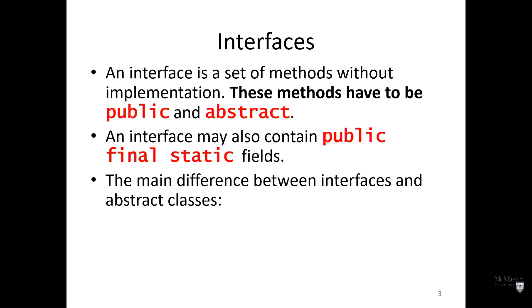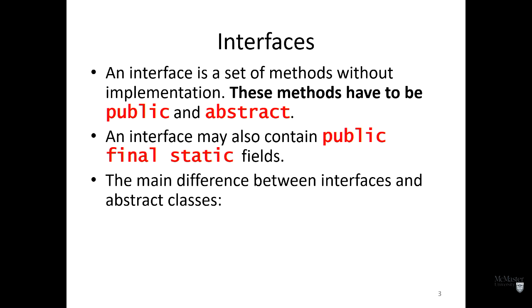So we'll see some rules and then we'll see examples to really understand these rules. All methods in an interface have to be public and abstract. Makes sense, right? In an interface, you don't have any implementation of any method. So that means now all methods in an interface are abstract, right? So this is the first difference between interface and abstract class.